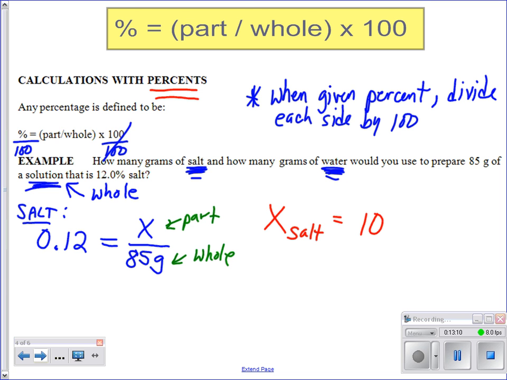When you say 10 grams, what do you mean? How would you write that? Okay, yeah, I'm going to put a lowercase g in there. How many sig figs do I need to report this to? 2. In my calculator, I think it gives 10.2. How are you going to report this? 10 point.